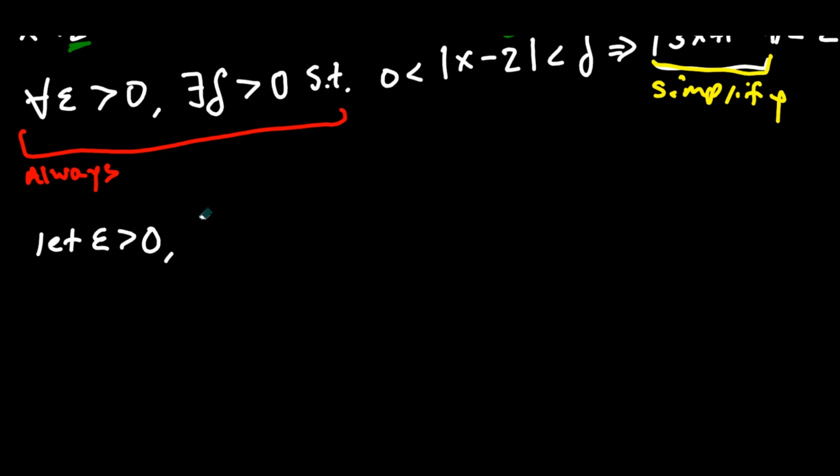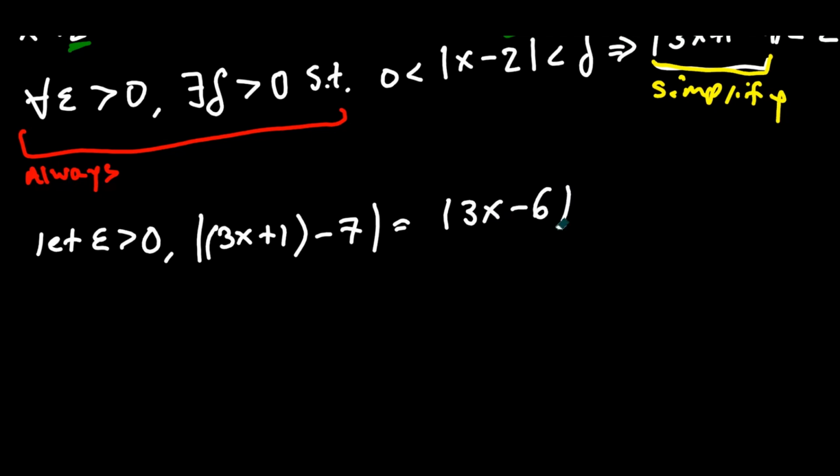So when we plug in our function here, we have 3x plus 1, which is the function from up top, and then minus 7, which is the answer to our limit. And we can simplify it down. Of course, we can have 3x minus 6. And what's even cool about this problem is that here we can factor out a 3, and we can get x minus 2.